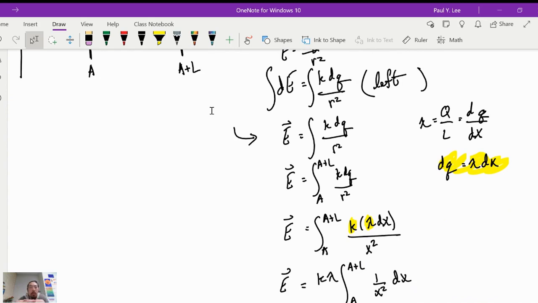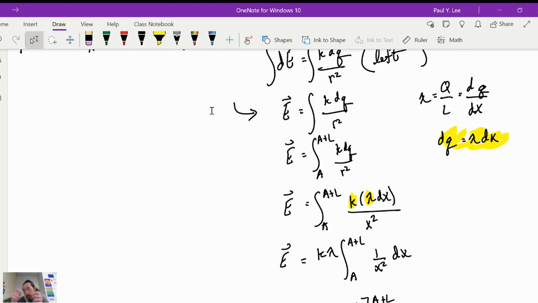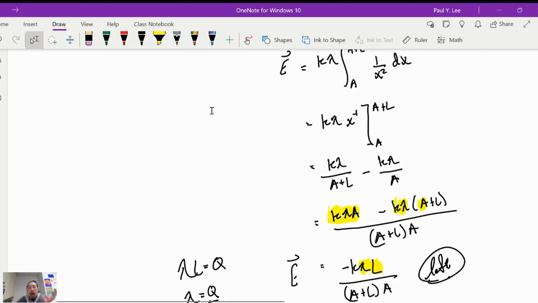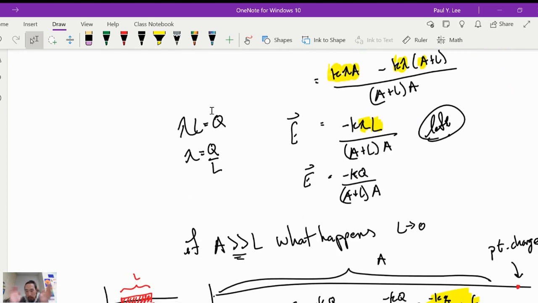Set your bounds accordingly, and make sure whatever you're integrating to your bounds matches up to the variable that you're taking tiny bits of amounts to. And usually that conversion comes with your densities. Now, if you're not given a density, you might be given a function. Make sure you use that function, and we'll get that practice in class. And after that point, it is just calculus. You do some integration and come up with a final answer.